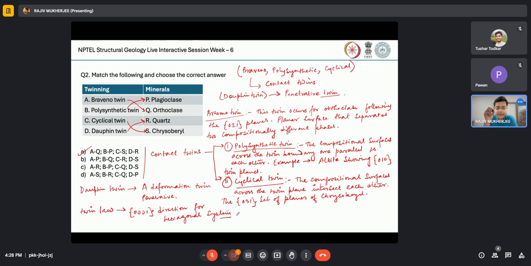So keep in mind, Dauphin twin is a deformation twin, whereas Braveno, polysynthetic and cyclical twins are the signatures of contact twins, which are chemically controlled twins. So chemically controlled twins can even occur independent of the deformation of the material. But Dauphin twin will explicitly occur because of the deformation of the material.